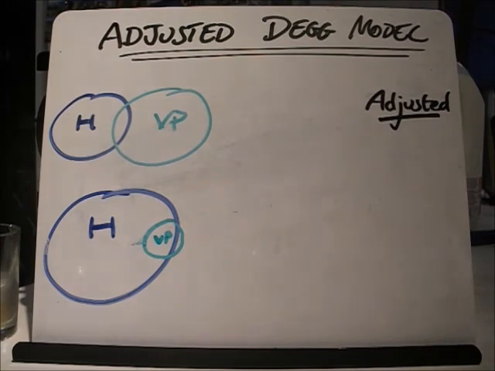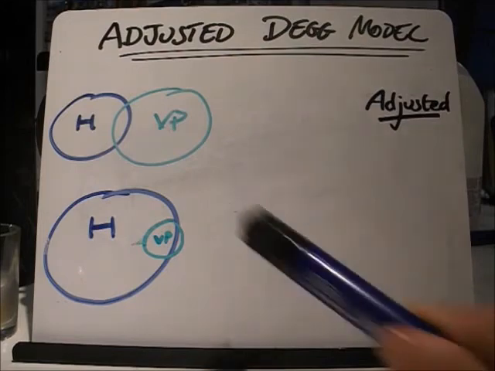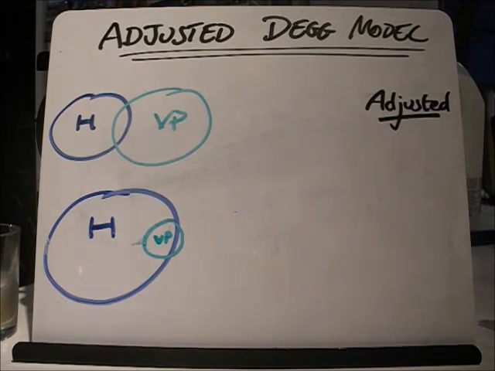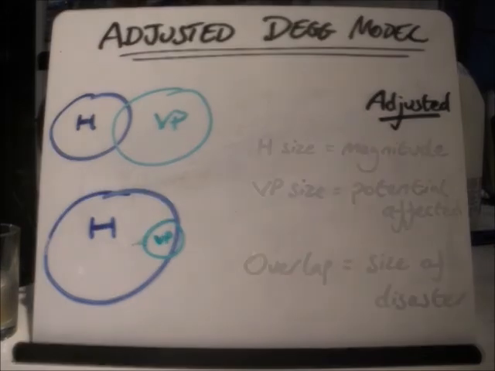Again, I'd probably make the vulnerable population slightly different, except I'd make the bubble larger there, but I would have about the same amount of overlap. So the difference here between the standard Degg model and the adjusted Degg model is that you can actually compare two different hazards against each other, and you can compare the effects, making it a very powerful tool.